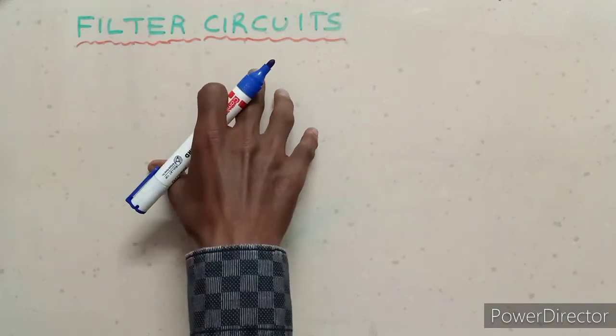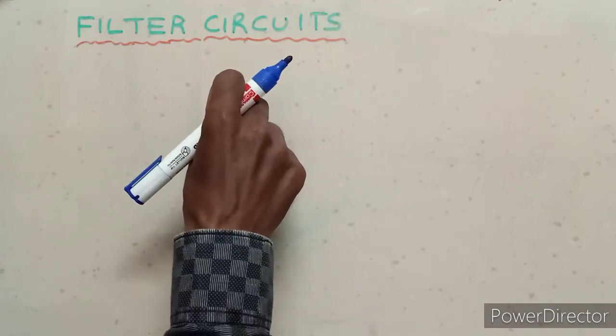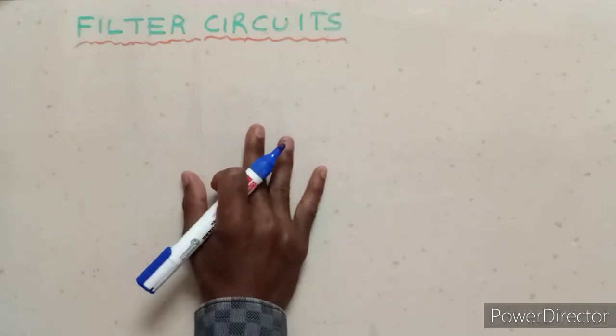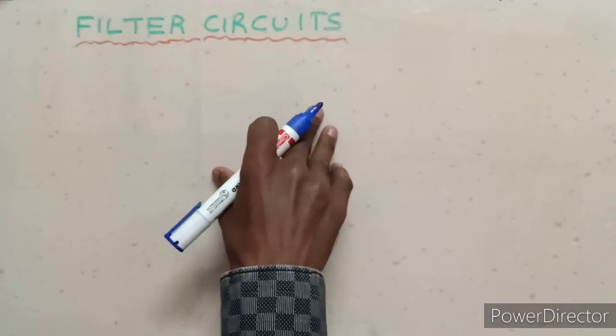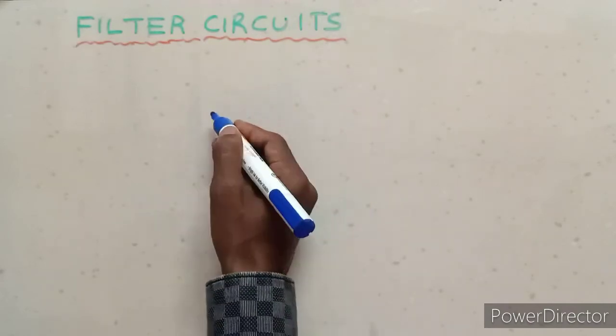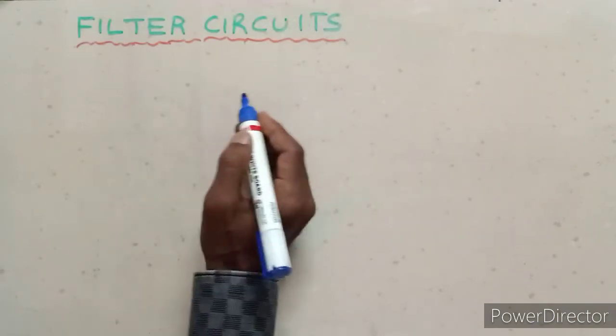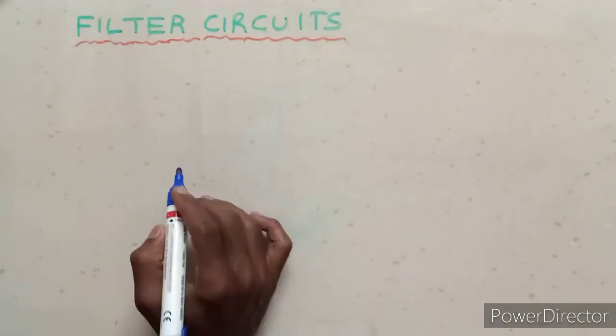So this filter circuit is used in rectifier circuits, the conversion of AC to DC. So first of all, what is the filter circuit?